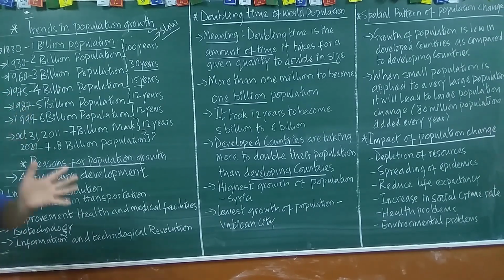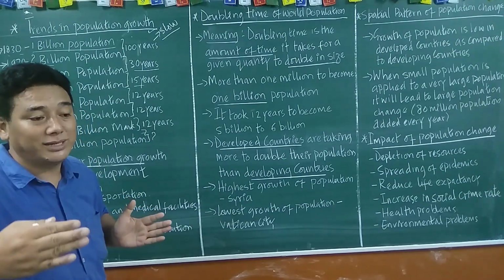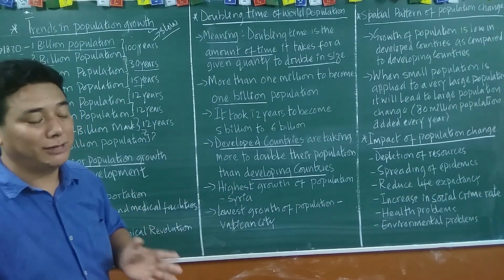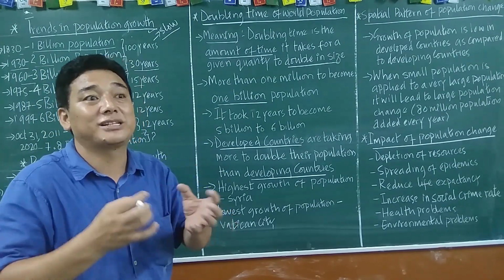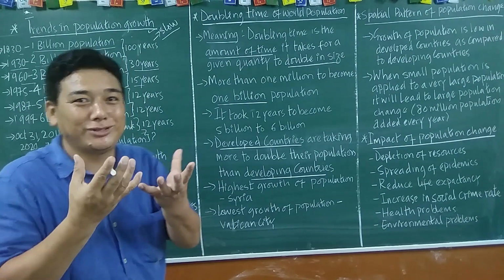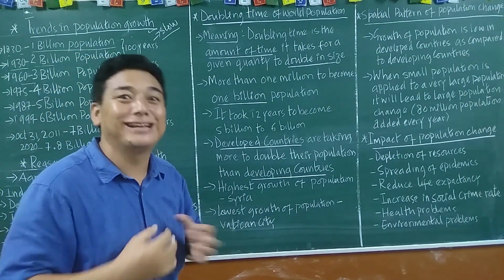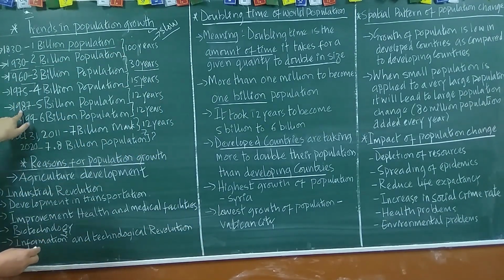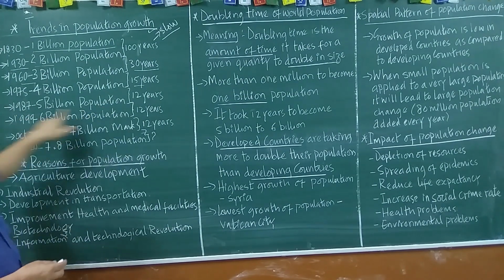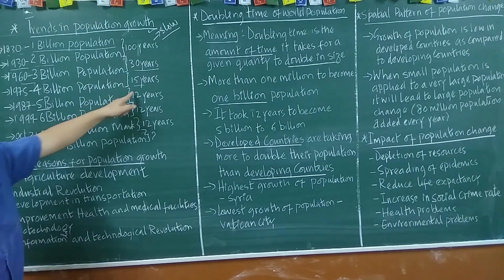Even in India and in the world, the population was increasing, and because of that, many people described it as a population explosion. Population is exploding. In 1987, the world population was 5 billion, which took just 12 years.